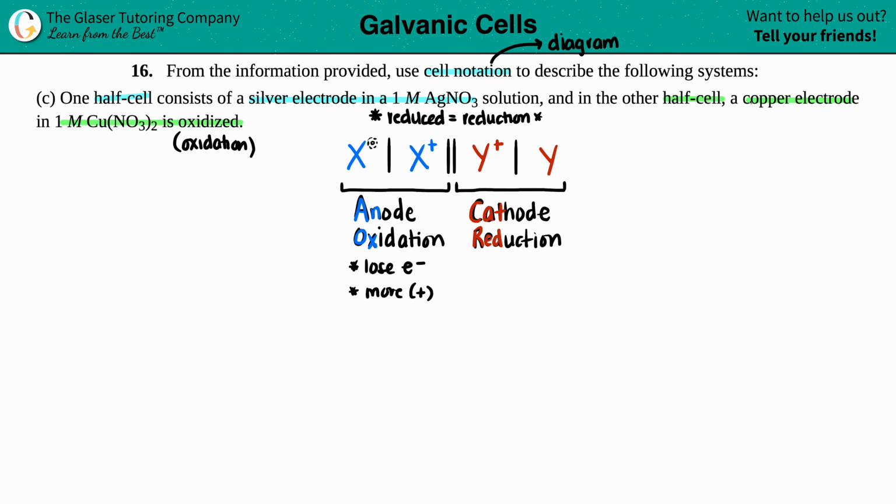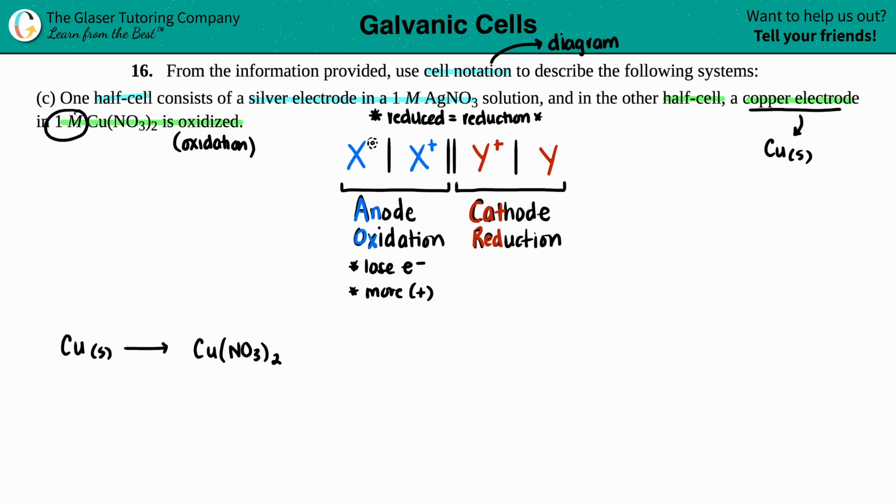In this case, we have a copper electrode. Copper on the periodic table is Cu, and in standard state, all metals are solids except for mercury. Copper is not the exception, so it's going to start off as a solid. Now, it's going to be put into a solution. We have the Cu, that's the solid, and this is now going into the CuNO3 solution, right?